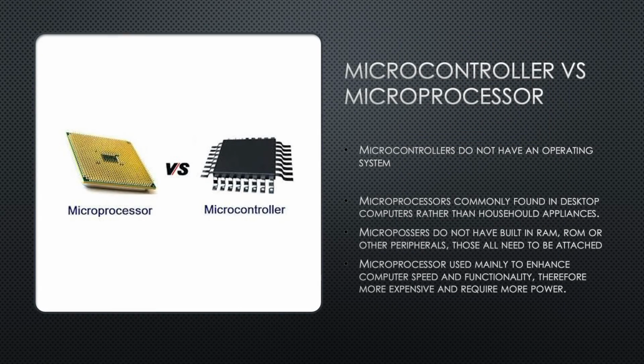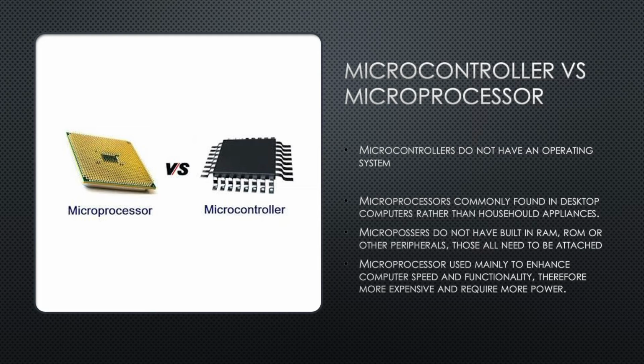Now, microcontrollers may sound similar to a microprocessor, but there is a difference. You see, microcontrollers do not have an operating system like Windows 10 or any operating system from Apple. Microprocessors are also mainly found in desktop computers and laptops, rather than household appliances like a coffee maker.